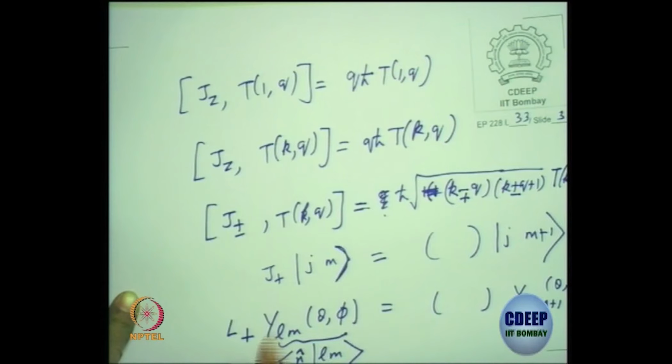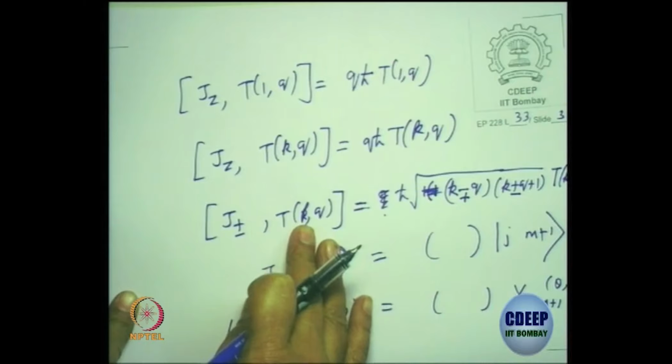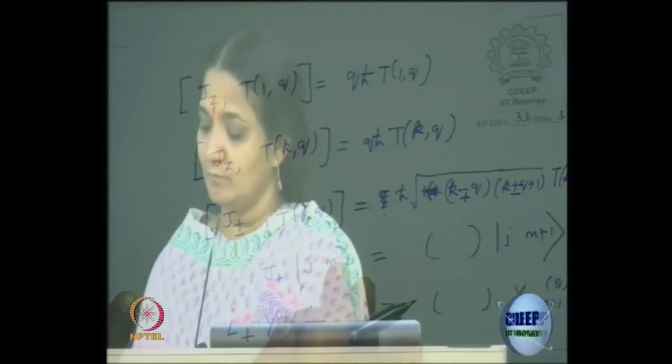At least for L equal to 1 and L equal to 2, you can try seeing that the spherical harmonics are also called spherical tensors. I am sure you have all heard that they are spherical tensors, right? So you can take these spherical tensors and look at the commutators.